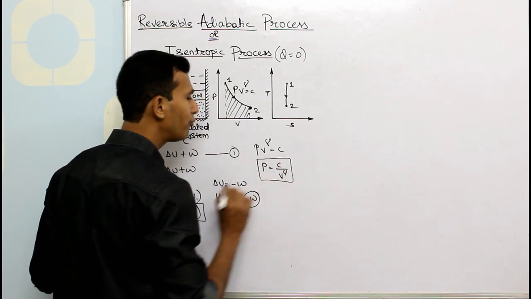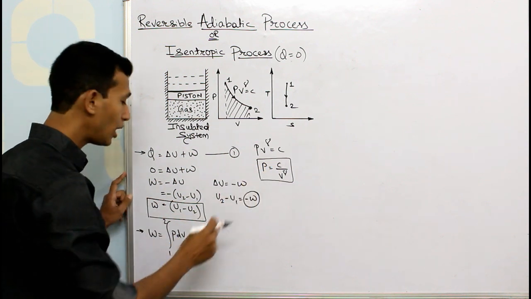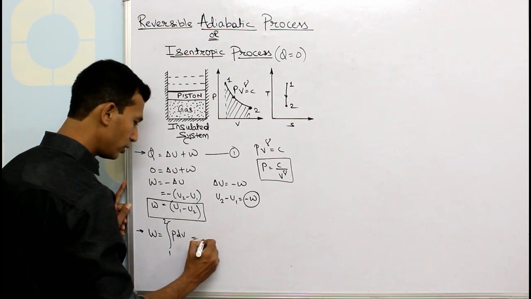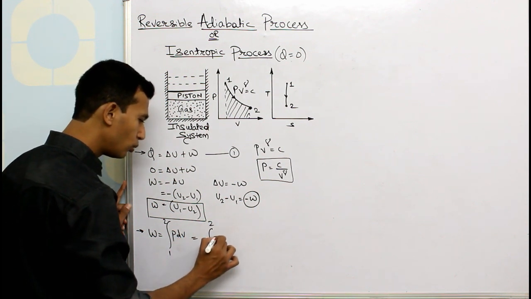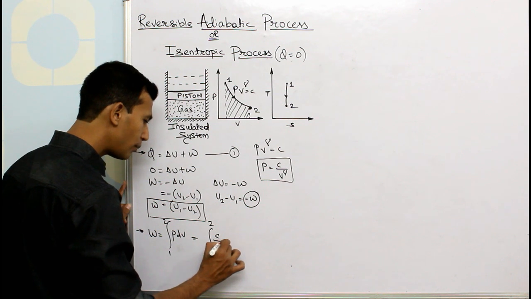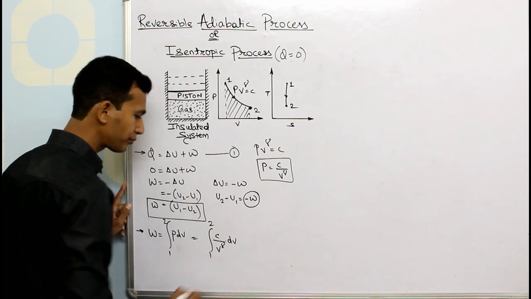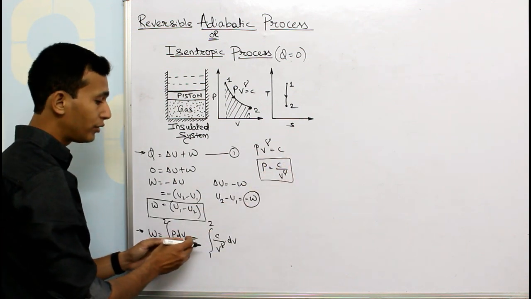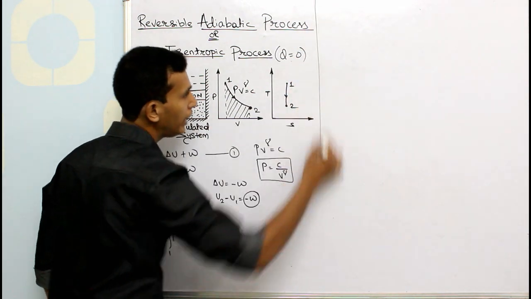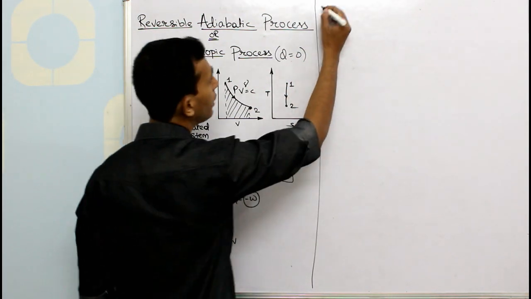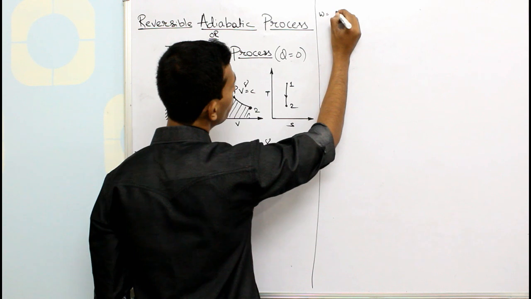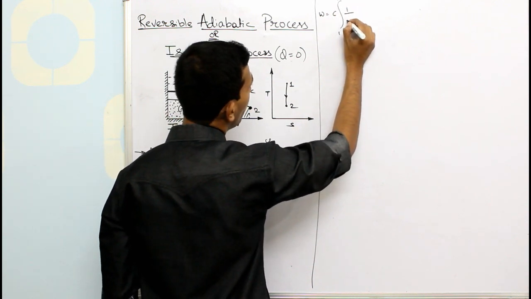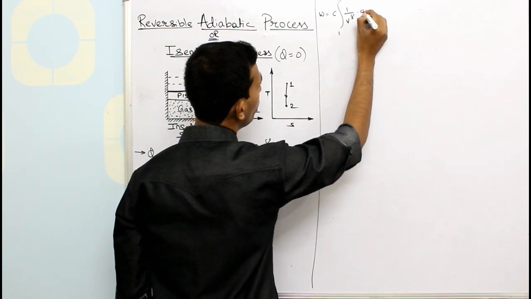Putting this value of P in the equation of W, I can write it as the integration from 1 to 2 of C divided by V raised to gamma into dV. Now C is nothing but a constant, and we can take it out of the integration. So W equals C times the integration from 1 to 2 of 1 divided by V raised to gamma into dV.